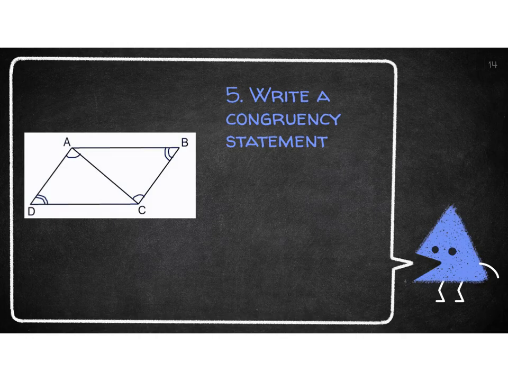All right, let's look at this example. So I can see that I have A and C that match up and are congruent. I have D and B that match up and are congruent. And then I have the line AC that is congruent to itself because it's the same line in both triangles, which tells me that I have angle, angle, side.